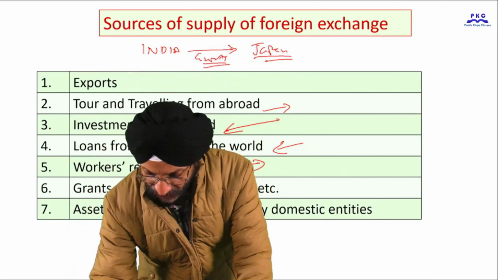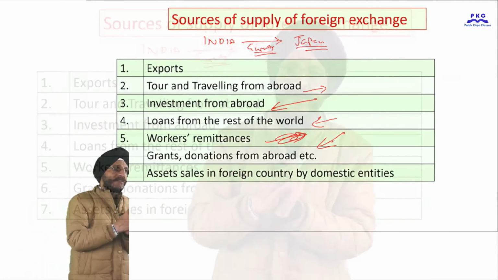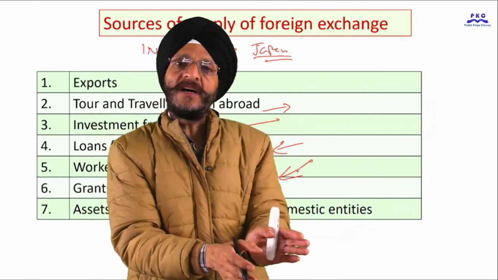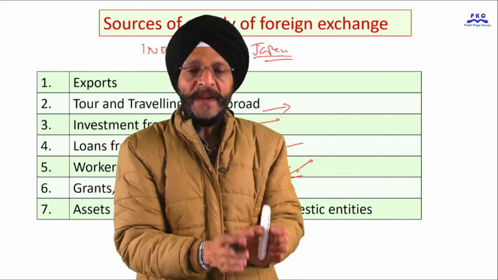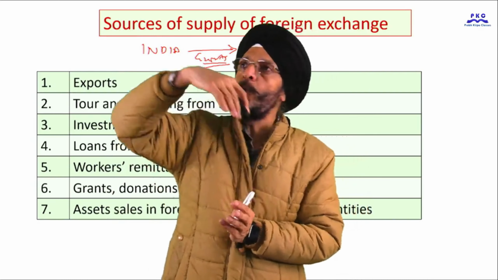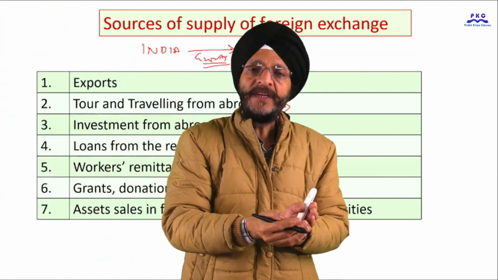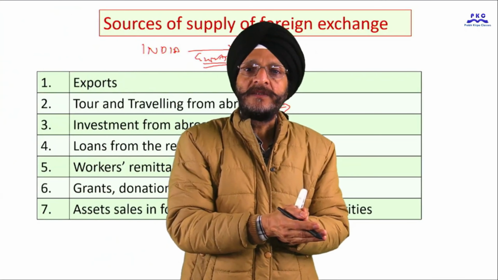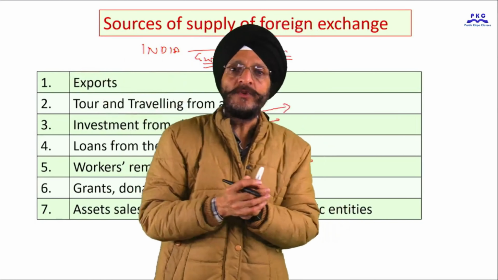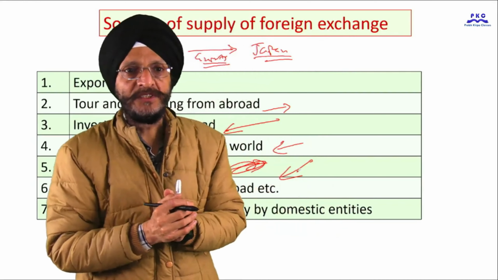Then there are persons who are from our country but working abroad. Their families are living back in the home country. So the workers of our country who are working abroad may be sending money to their families in the home country. This results in the inflow of foreign exchange or supply of foreign exchange.